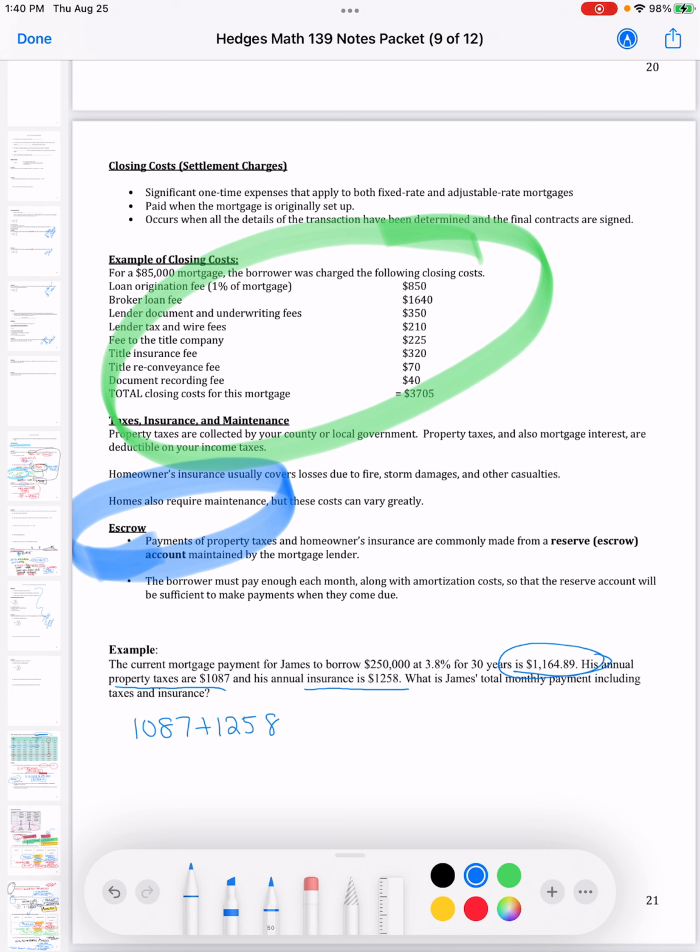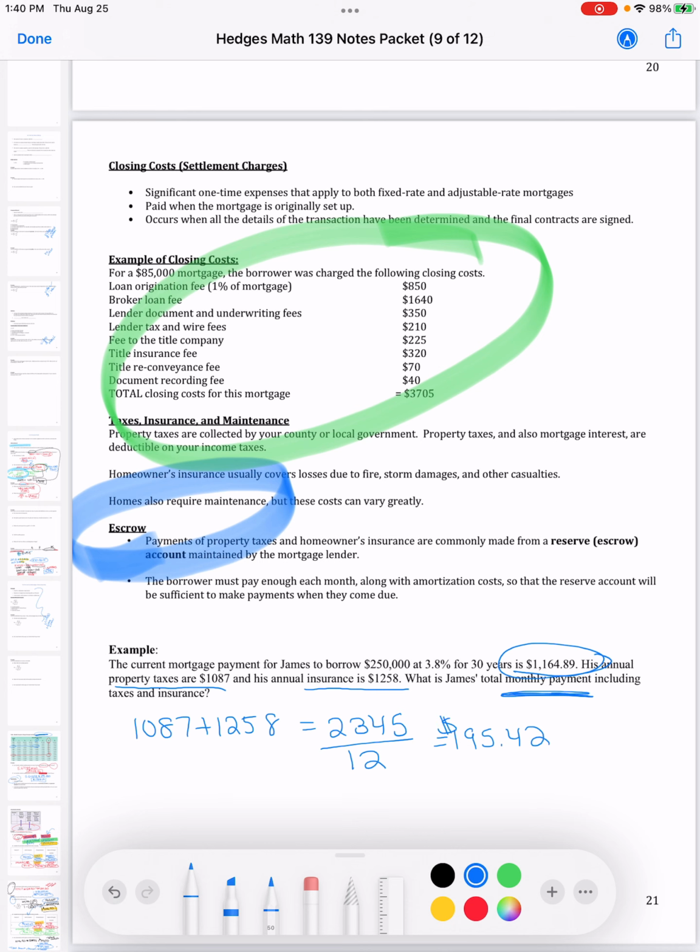So annually, the taxes and the insurance combined cost me $2,345. Now that's annually, so that's once a year. I want to figure out the monthly part of that, so I'm going to divide by 12. Remember, 2 decimal places. So this is how much the taxes and the insurance cost me each month.